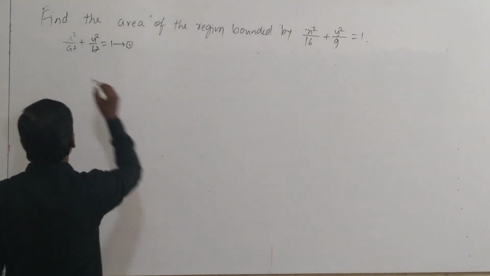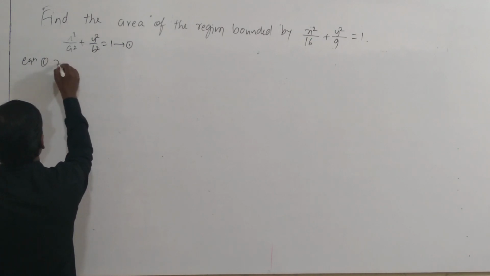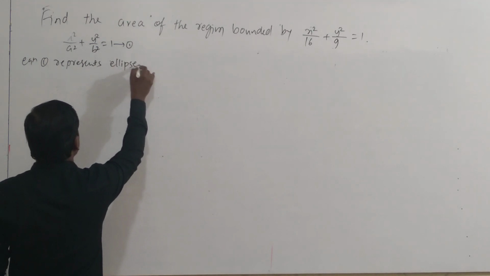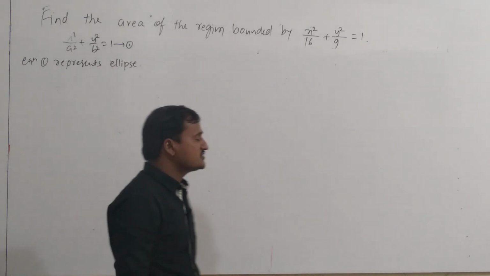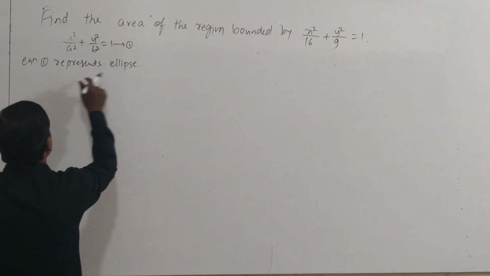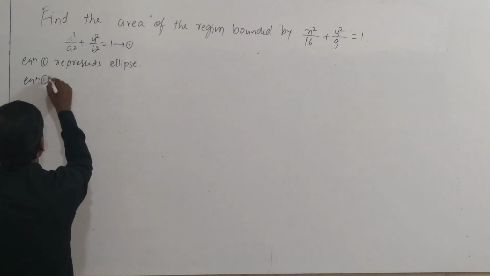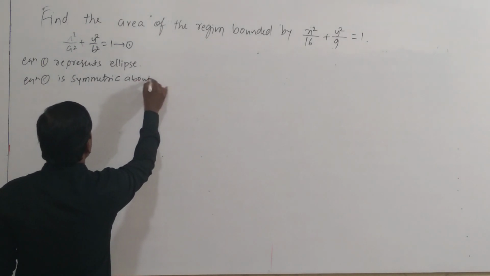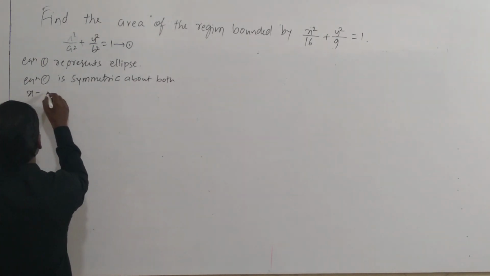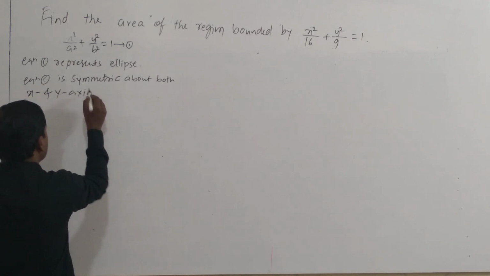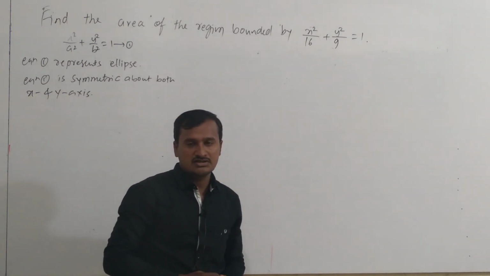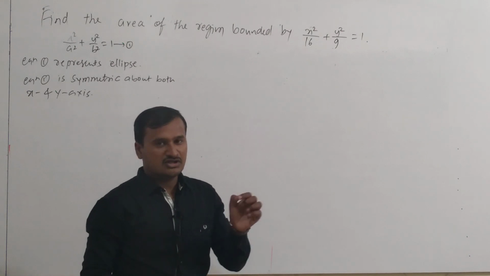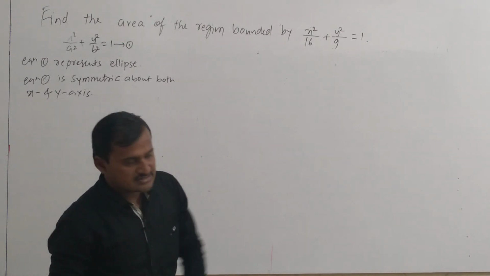So equation 1 represents an ellipse, and equation 1 is symmetric about both the x-axis and y-axis, because you know the properties of symmetry of a curve: if both x and y have even powers, then that curve is always symmetric about both the x-axis and y-axis.